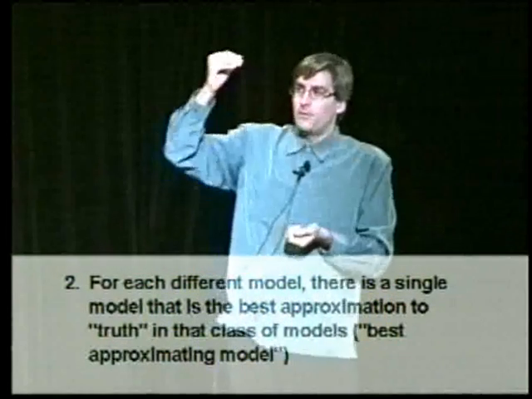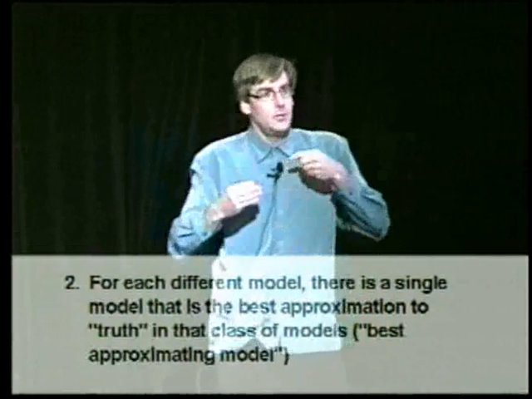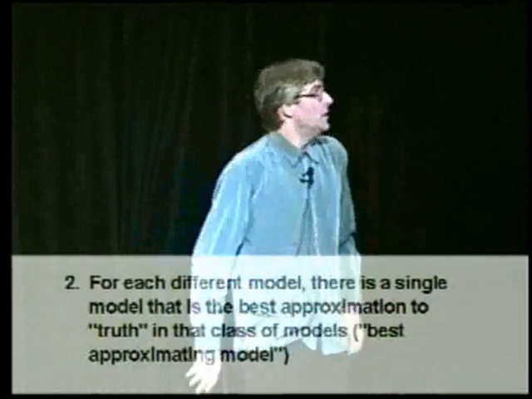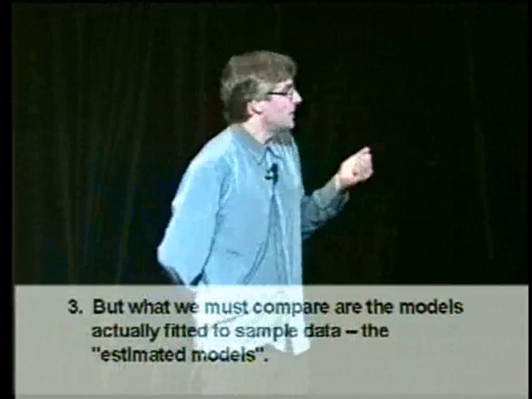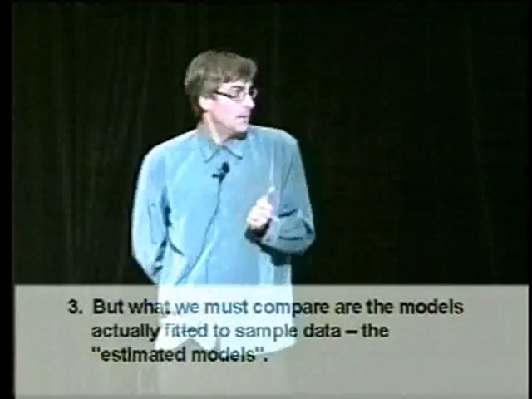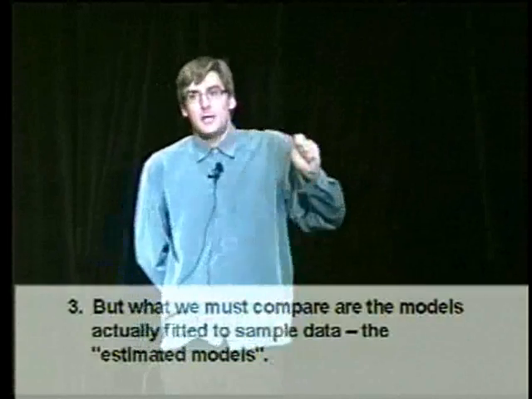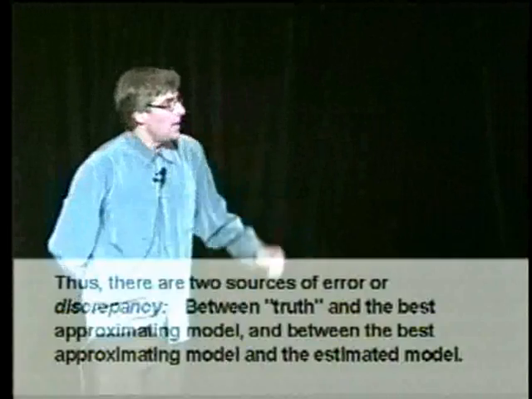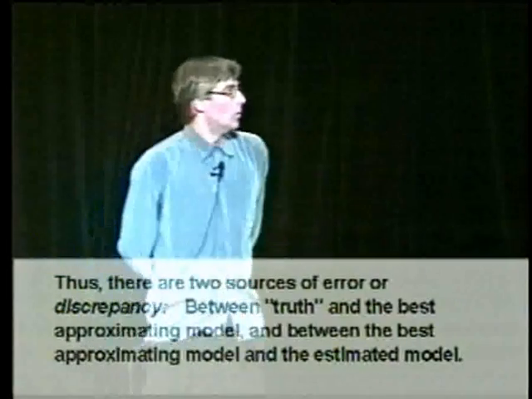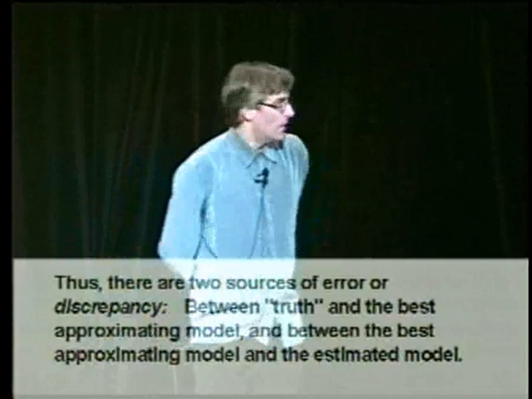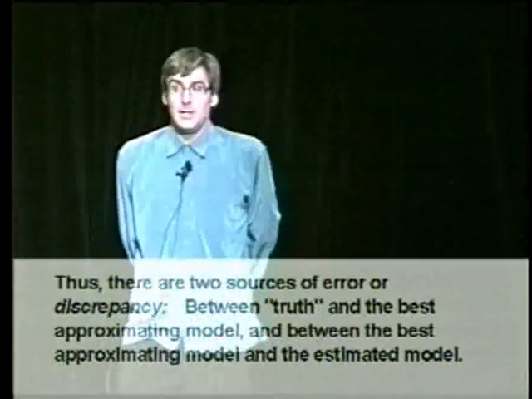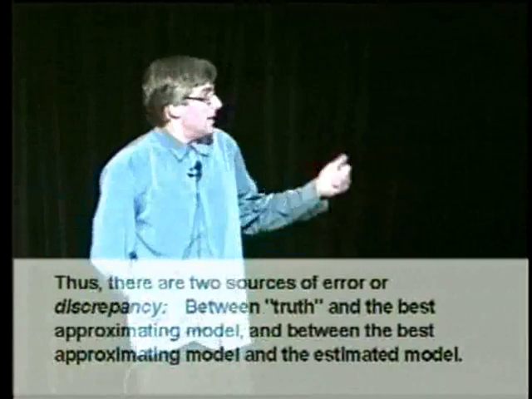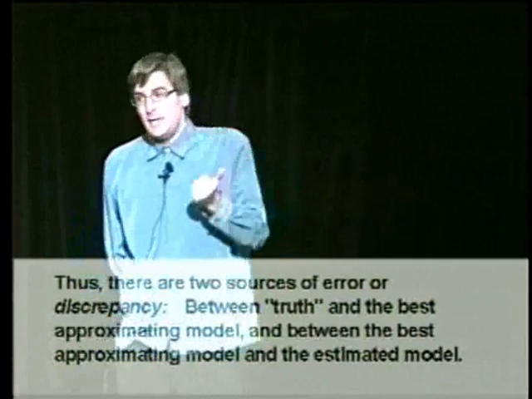So we had our 45 and 9-bin models that were fitted to the population. We call these the best approximating models. But what we have to compare, what we have to make our decision on the basis of, are the models that are actually fitted to the sample data. We call these the estimated models. That means we have 2 sources of error or discrepancy in our fitted models: between truth and the best approximating model for the particular class, and between the best approximating model and the estimated model.